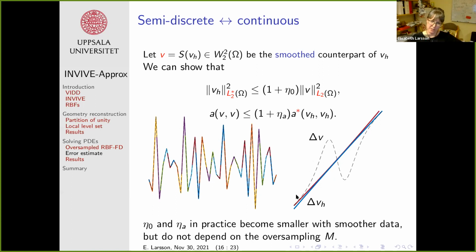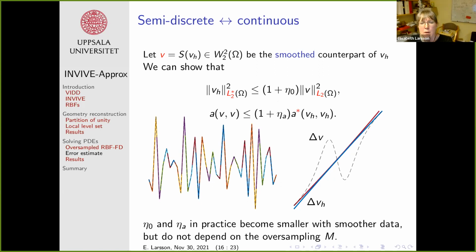And then to estimate the errors between the discontinuous trial space and the smoothed function, we need to estimate the size of this wiggle. And this is a little bit more tricky to do, but it can be done. We don't exactly compute a number, but we can show what the dependence on the step size is.